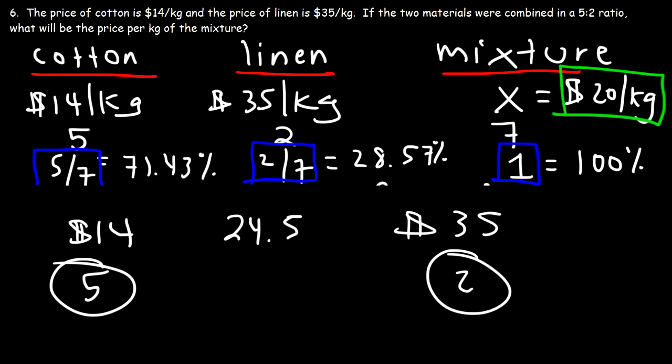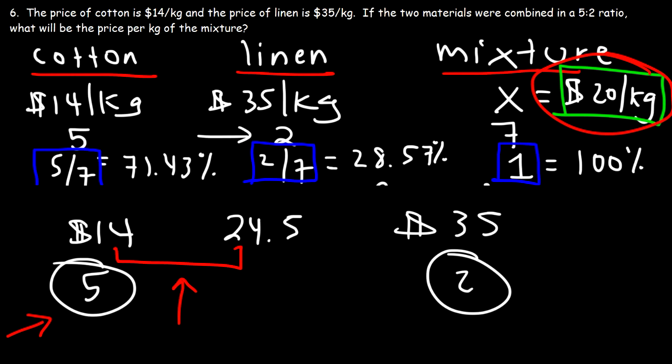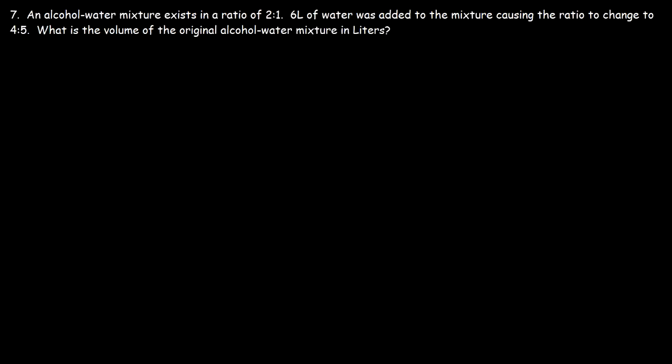For every 5 parts of cotton that we add to the mixture, we're going to use 2 parts of linen. And because this is the more abundant material, the average should be between 14 and 24.5. The average price is between those two numbers, so this answer makes sense.